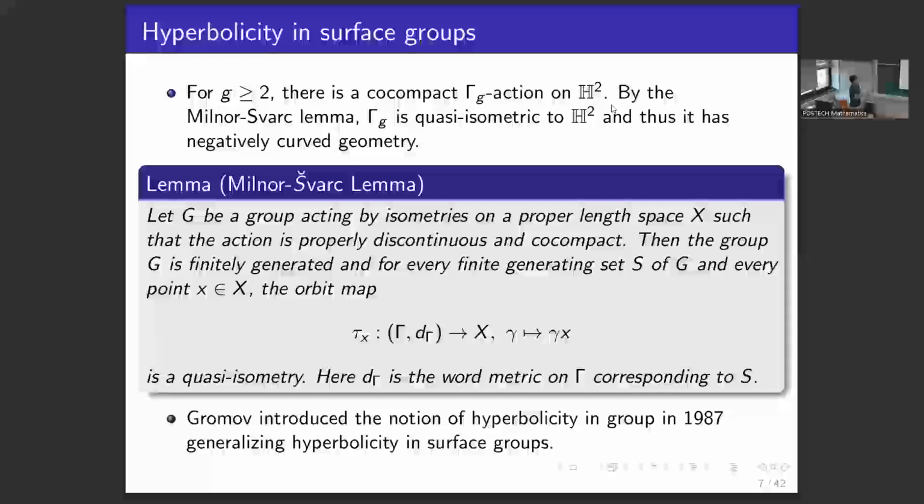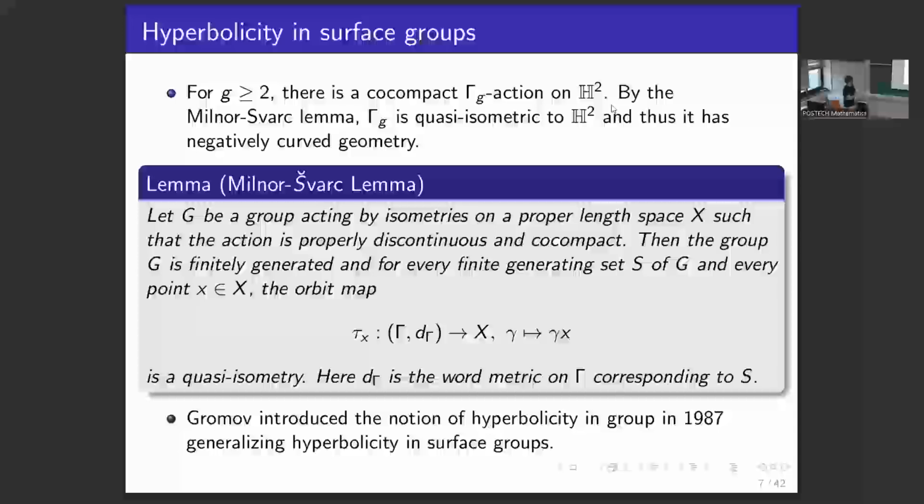Then the Milnor-Svarc lemma tells you that Sigma_g is quasi-isometric to the hyperbolic 2-plane. But the hyperbolic 2-plane has negative curvature geometry. So inside the surface group, it has some kind of negative curvature geometry.